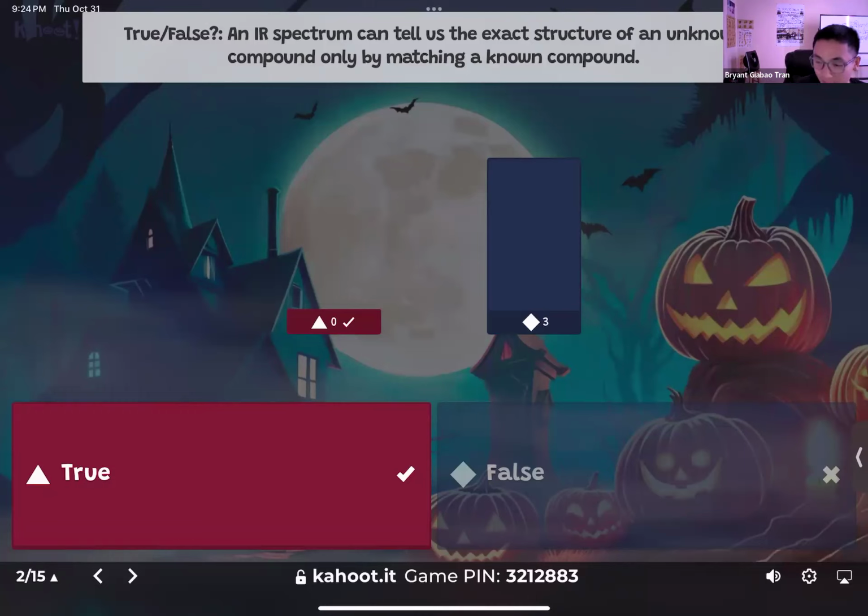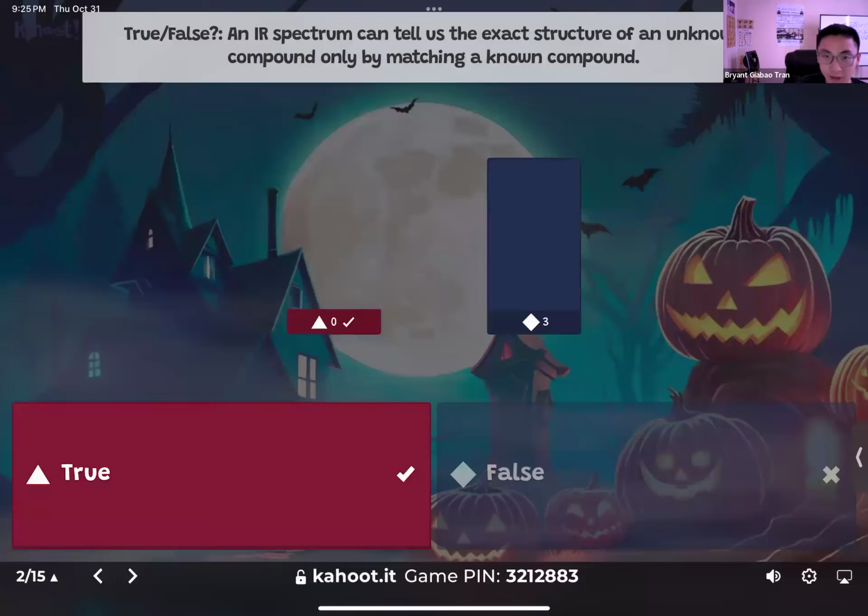Yeah, the fingerprint region, if you look at the chart, is the region at 1500 and below, that dashed line, right? That dashed line would just show single bonds between carbon and carbon, single bonds between carbon and oxygen. We ignore that when we interpret IR, right? It's not important. The more important ones are the ones that I showed you guys on that chart.